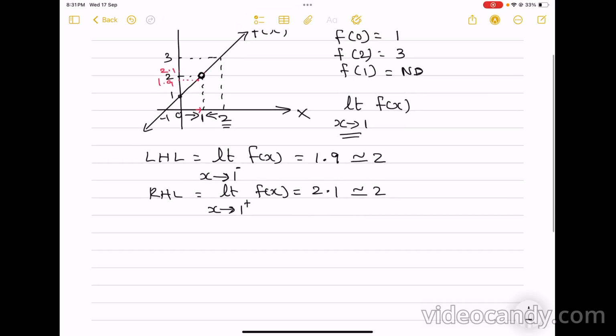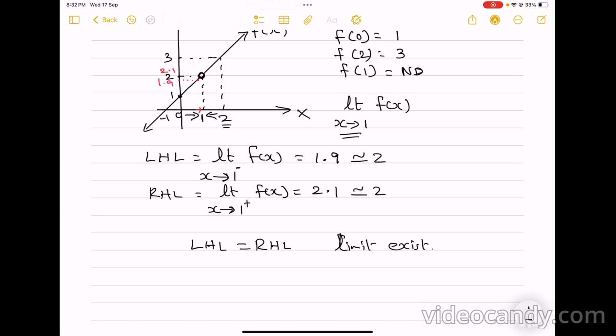So for this function, according to the diagram, left hand limit is equal to right hand limit, so the limit exists for this function. You can find like this whether the limit exists or not.